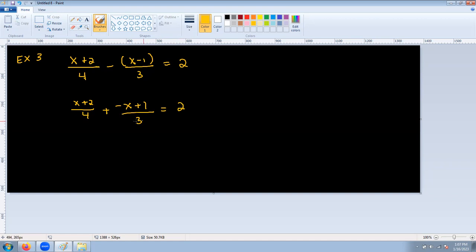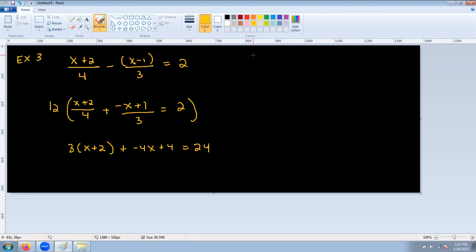And we simply find some type of common denominator, the LCD, and we multiply everything by it. So let's see here. I think the number is 12. So this is going to be 3 times x plus 2. Then it's going to be negative 4x plus 4. And then also 24.